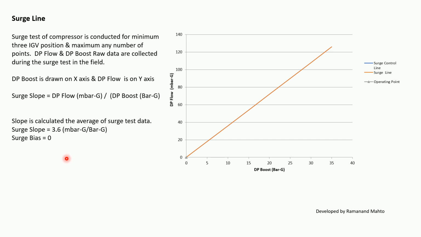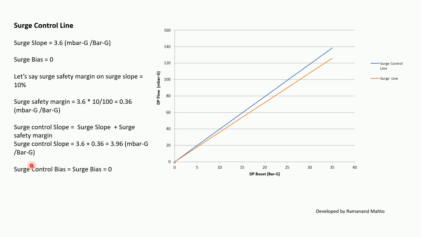In this control philosophy, surge bias is always 0. The surge line is 3.6 millibar gauge upon bar gauge. Surge bias is 0. Let's say the safety margin on surge slope is 10%.